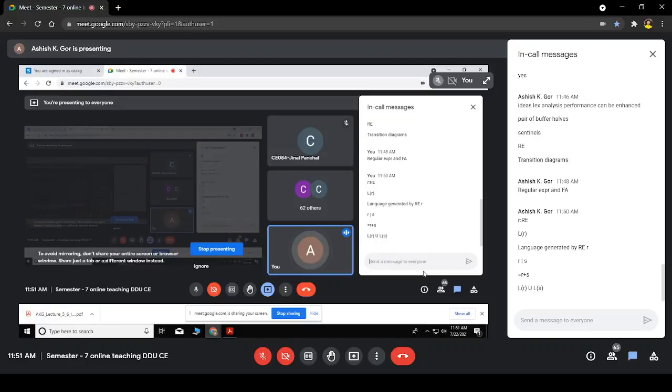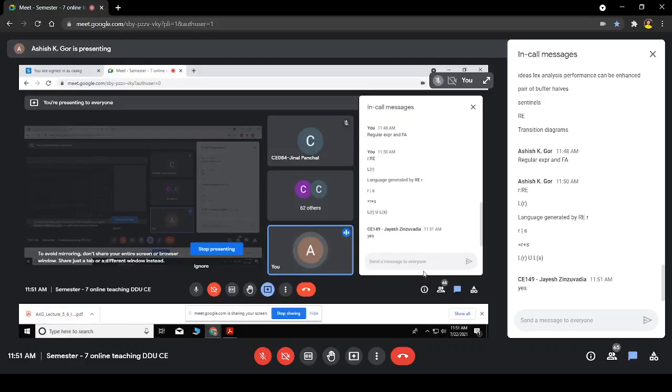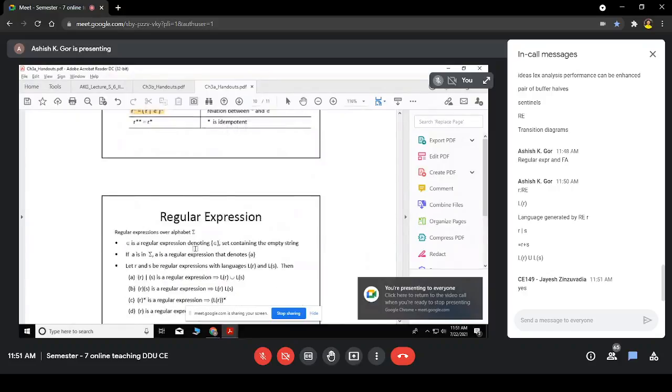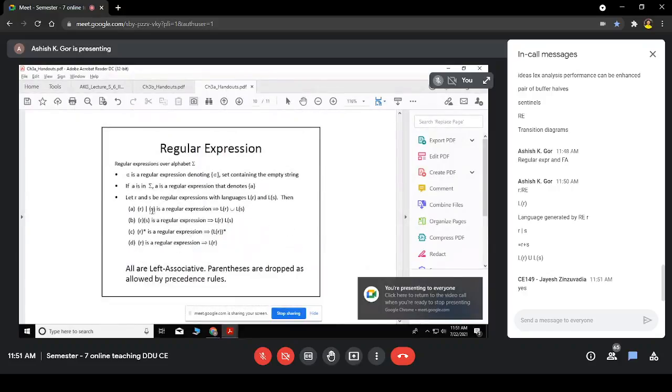Rahul, Dinal, is that correct? Jayesh? Yes. Okay. So R pipe S is a regular expression whose language is L(R) union L(S). R followed by S means concatenation. So you know this.